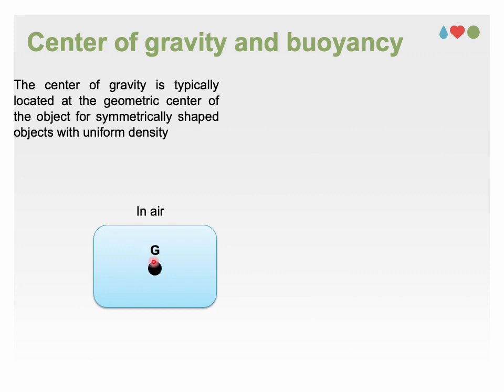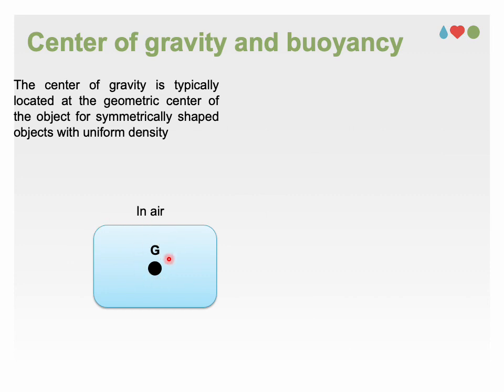This point is determined by the distribution of mass throughout the object and is typically located at the geometric center of the object, for symmetrically shaped objects with uniform density distribution, as can be seen in this figure.